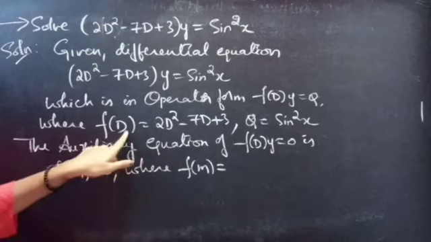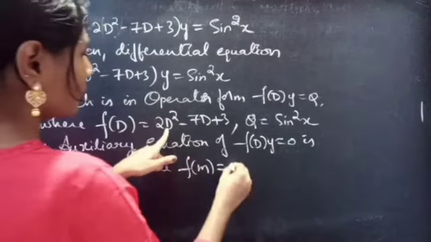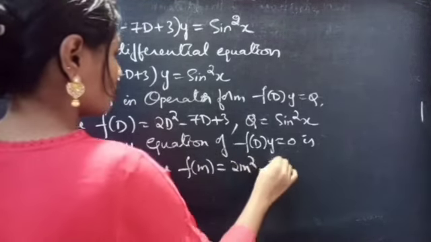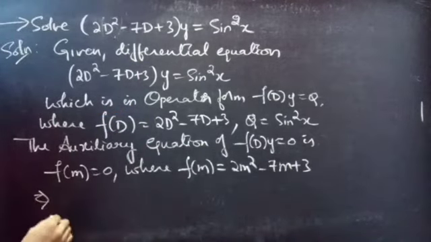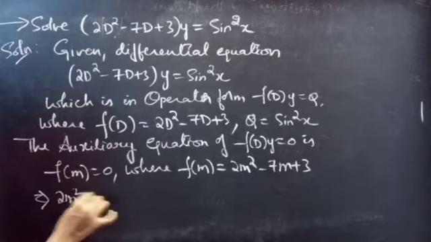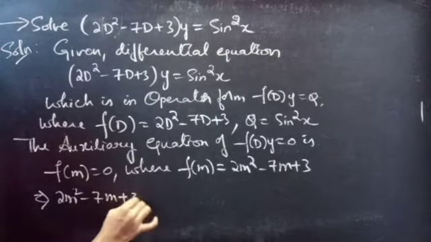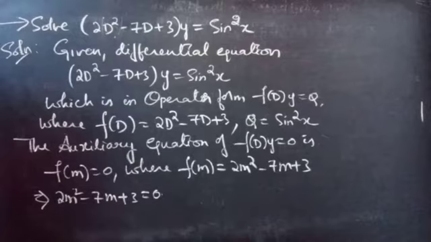Let's replace the differential operator D by m, then we'll get F(m) = 2m² − 7m + 3. Now our auxiliary equation becomes 2m² − 7m + 3 = 0.